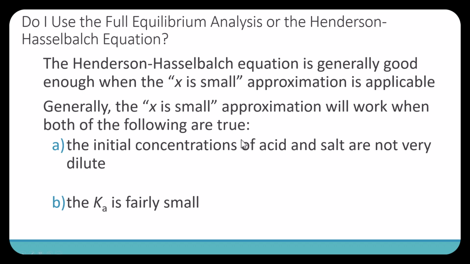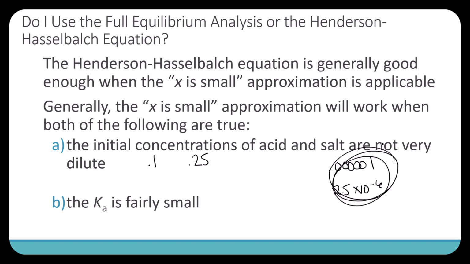If the initial concentrations of the buffer are not very dilute, so that means that we've got things like 0.1 or 0.25, okay? Dilute would be like 0.00001 or 2.5 times 10 to the negative 6. So if they are very dilute, it may not work. If they're a little bit concentrated, then it's going to work better.